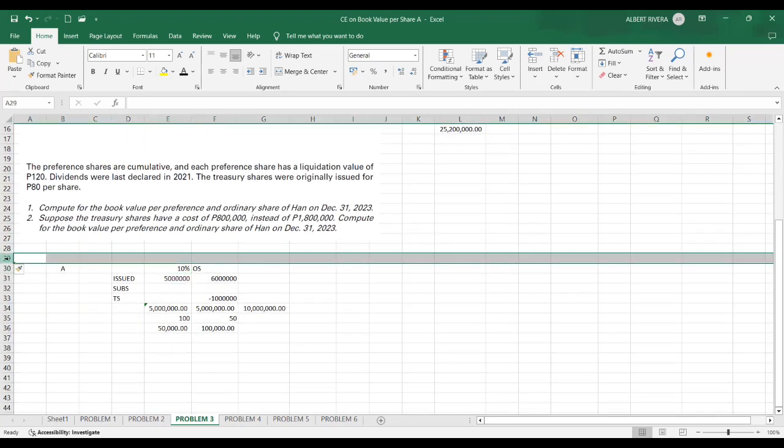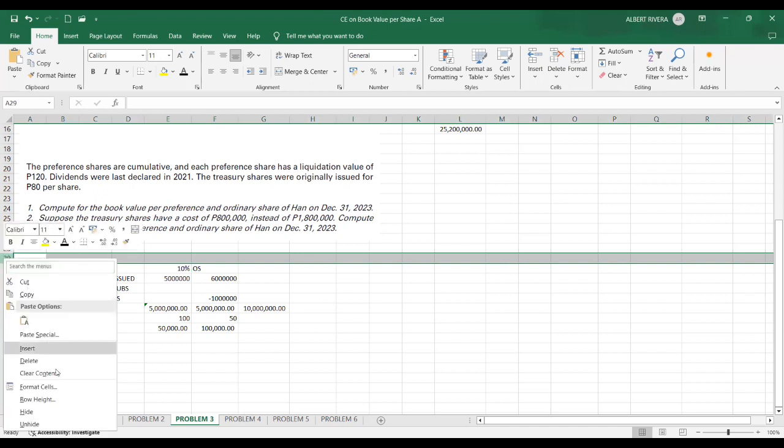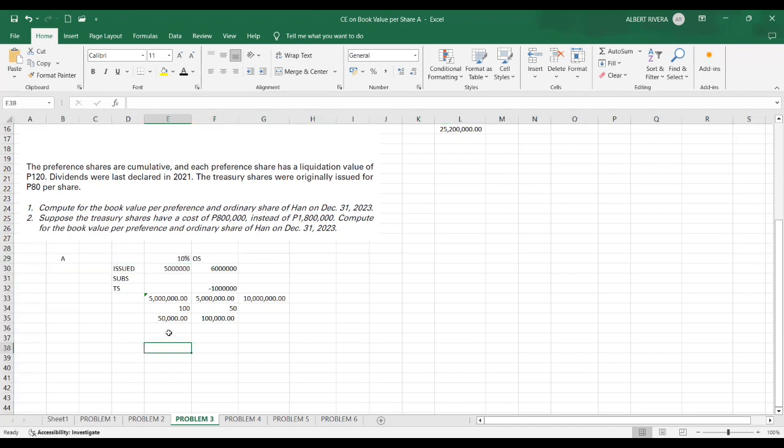Wala naman siyang subscribe at wala naman siyang treasury. So ito na rin yon, yung aggregate par niya. 5 million divided by 100 par value, and this is 50,000. Number of shares yan. Okay.